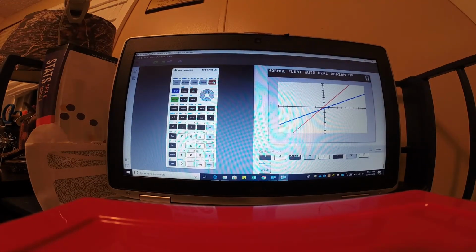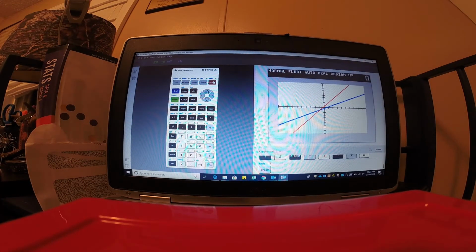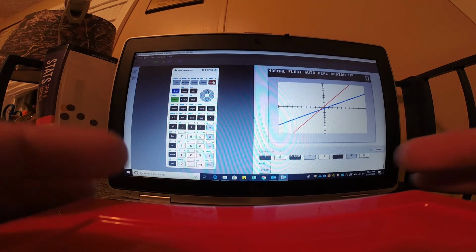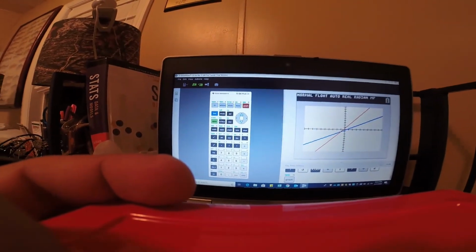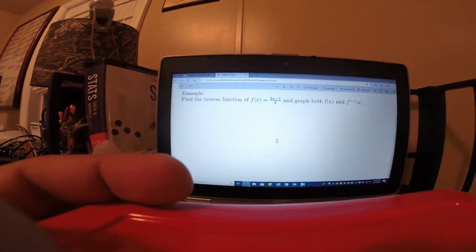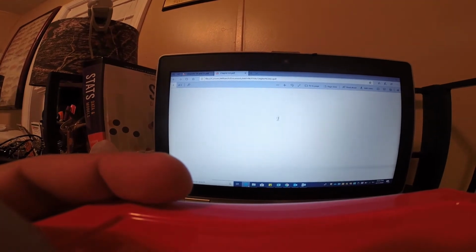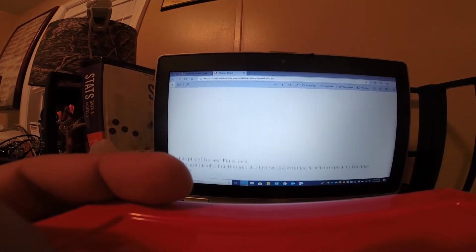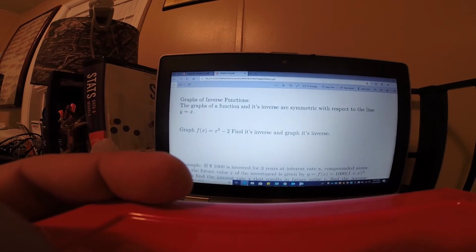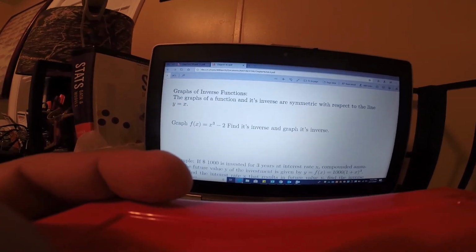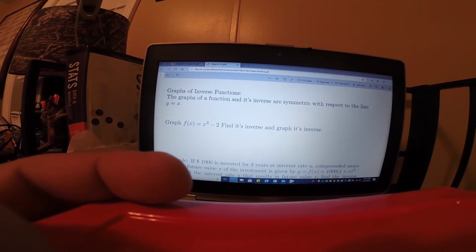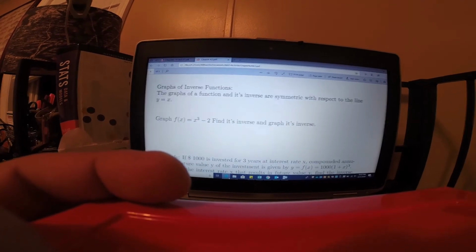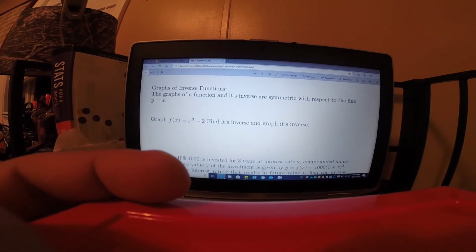Alright, so looking at those, you're like, okay, am I supposed to see something special? So let's move on along in our lecture notes. Now, what you'll notice is that the graph of a function and its inverse are symmetric with respect to the line y equals x.